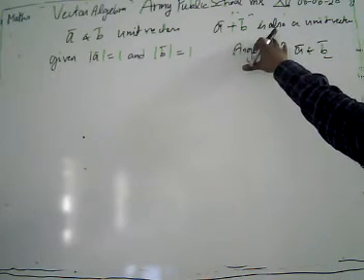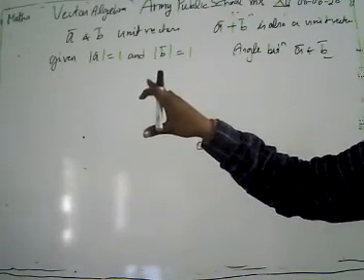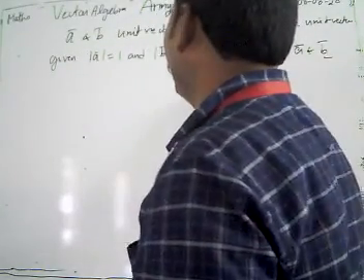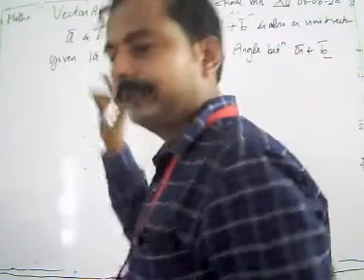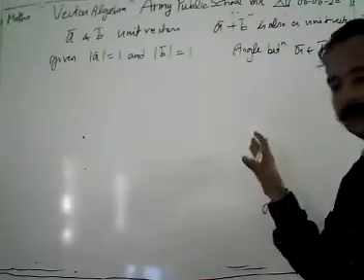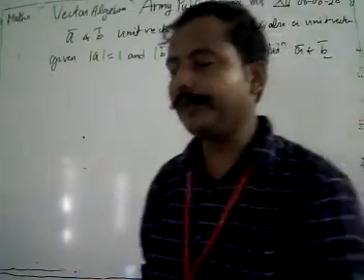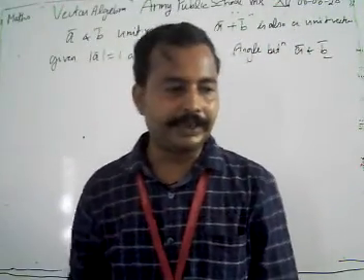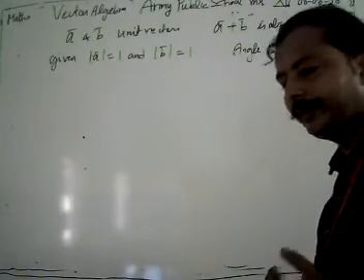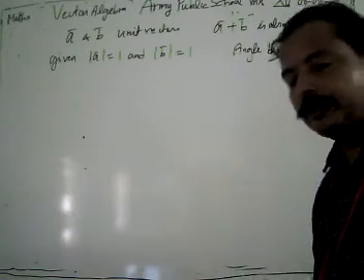Keep this concept in mind: in such problems, to find the angle between vectors, we need the product of vectors A and B, given by vector A dot B equals modulus of A, modulus of B cos theta. But here, no product value is given.